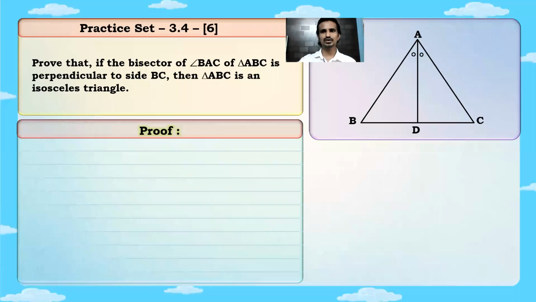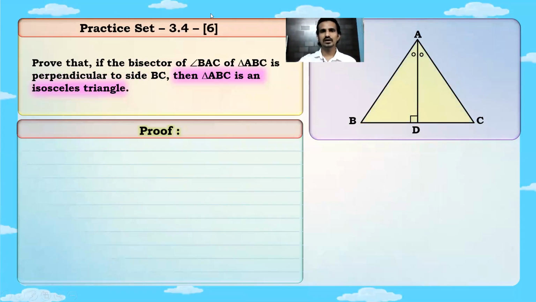So when you draw the bisector of angle BAC, as you can see in the figure, AD is the angle bisector and it is also perpendicular to side BC. So on side BC there should be a 90-degree angle. All right. Then we have to prove that ABC is an isosceles triangle.